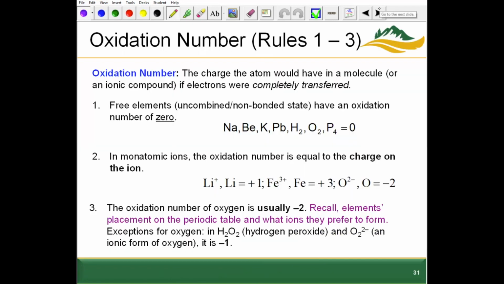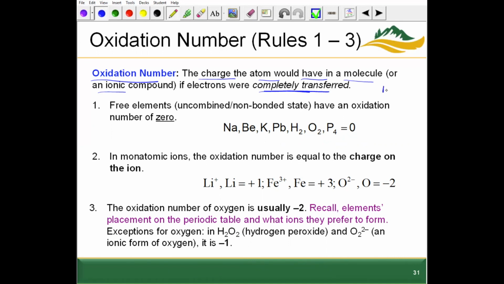So for assigning oxidation numbers, we have some set rules we're going to follow and keep in mind, possibly write on our note card. Before we jump into the rules, let's first define the oxidation number. The oxidation number is the charge the atom would have in a molecule or an ionic compound if electrons were completely transferred.